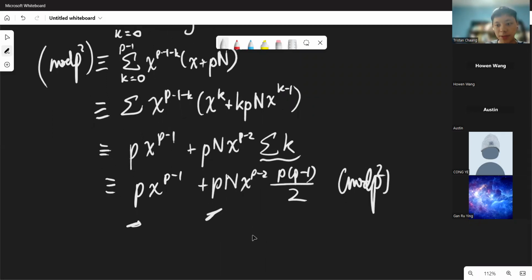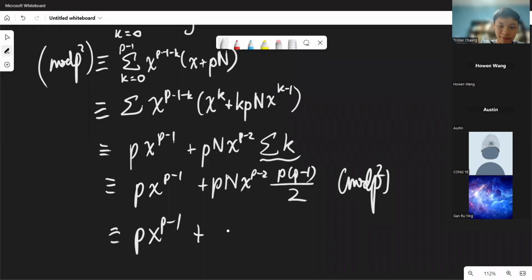Why is it not divisible by p squared? Okay, this term, I'll just write it like that. Now, remember, I require that p is an odd prime. So what does that mean?